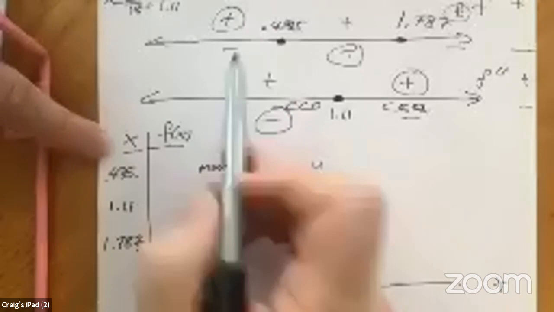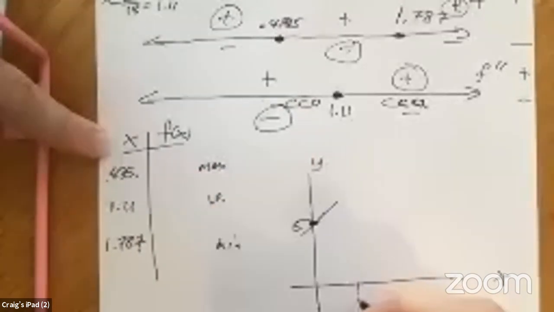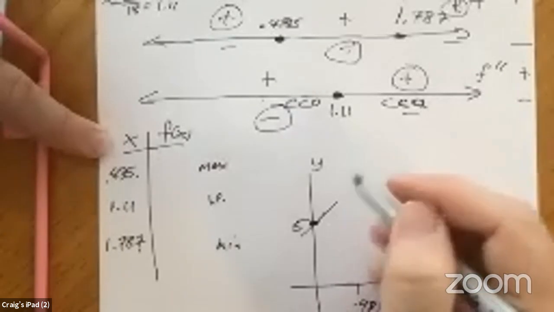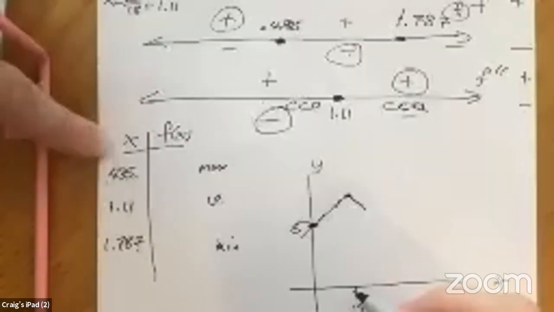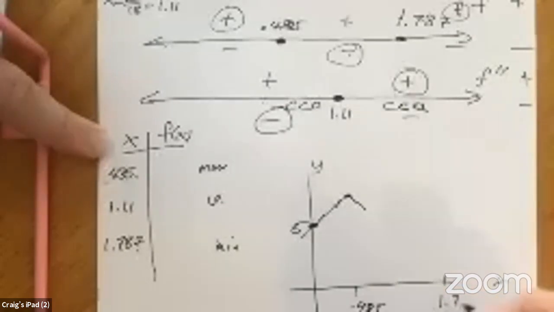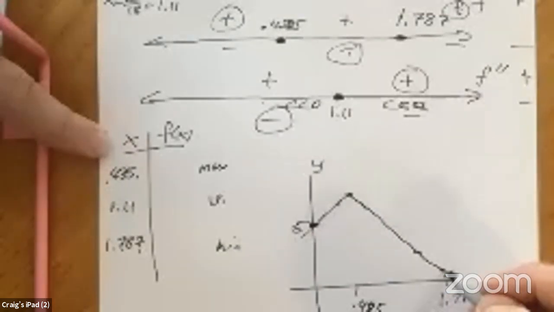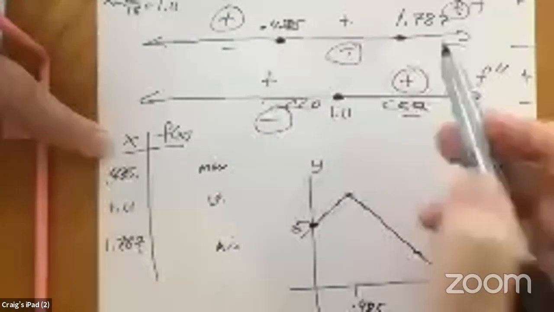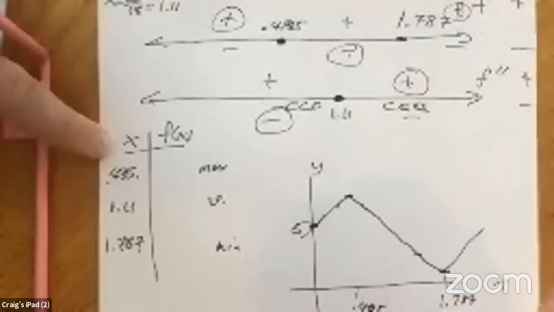And then it's going to keep going. It's going to be increasing, increasing, increasing until I get to 0.435. When I get there, it's decreasing after that, so decreasing until I get to 1.787. So it goes down, and then it's going to go flat, and at 1.787 it goes positive again, so it's increasing.